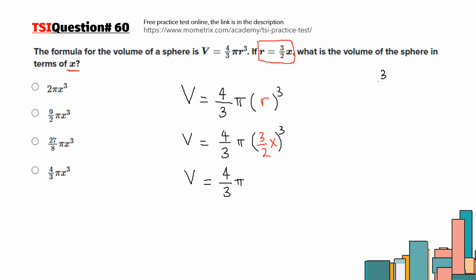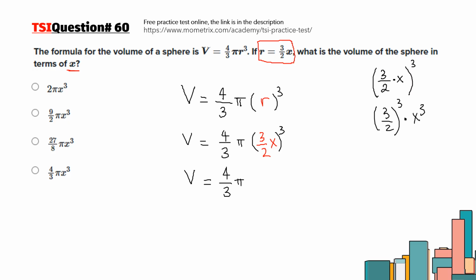We have 3 over 2x, which means we multiply by x, and r to the power of 3. Now we have to distribute. We break it down into 3 over 2 cubed multiplied by x cubed.